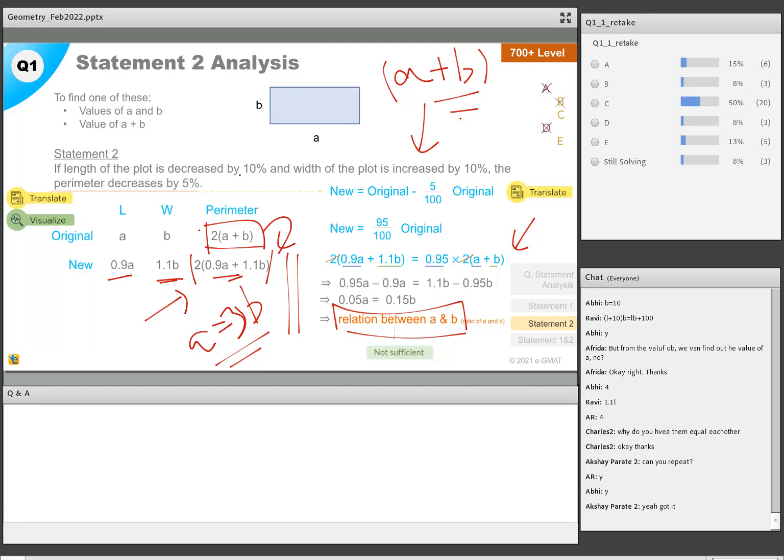Decrease by 5%, right? So I'm putting that in, and then I'm solving whatever I'm able to solve. Perfect. Then I'm again stuck with a relationship between a and b, but I have no idea what is a, what is b, or what is a plus b, which makes this not sufficient. So fundamentally, statement 1 was also not sufficient, statement 2 was also not sufficient.